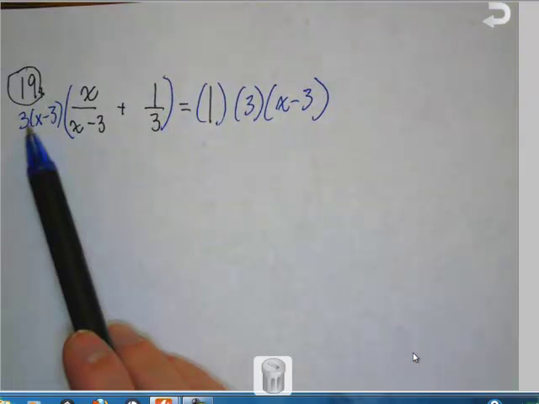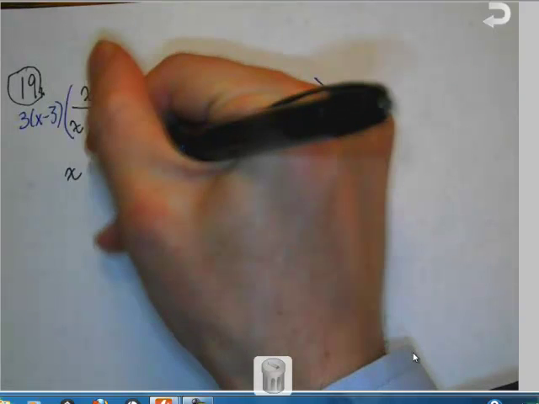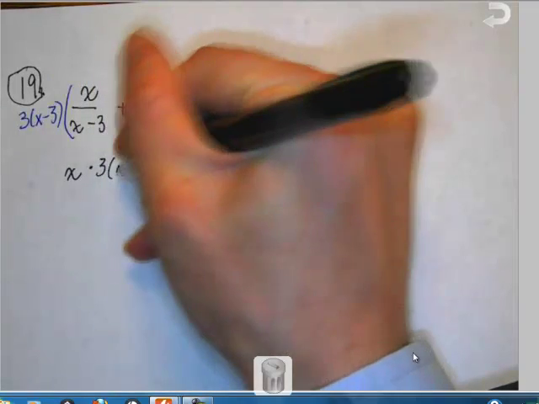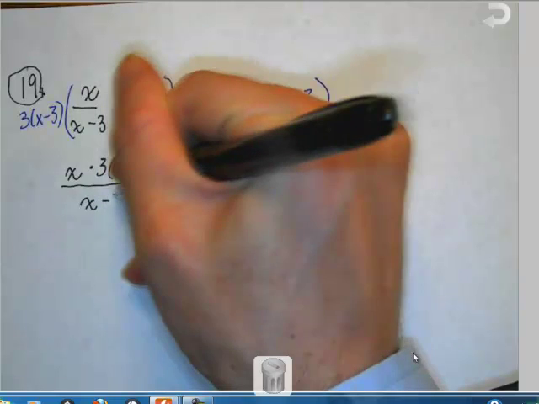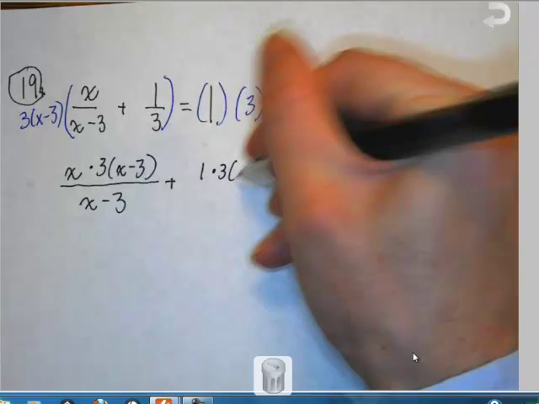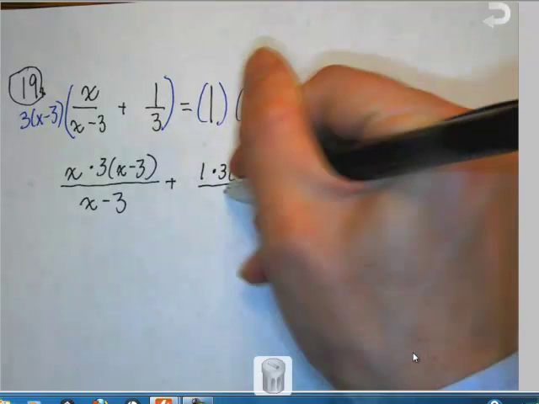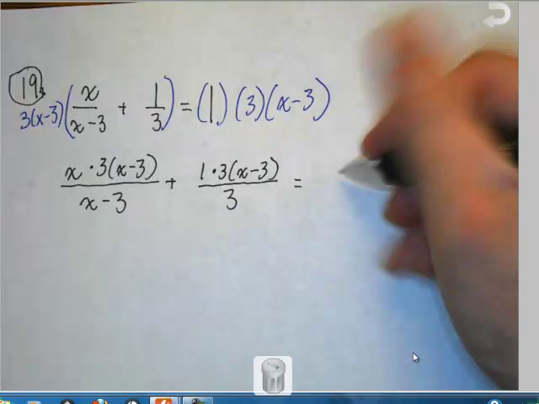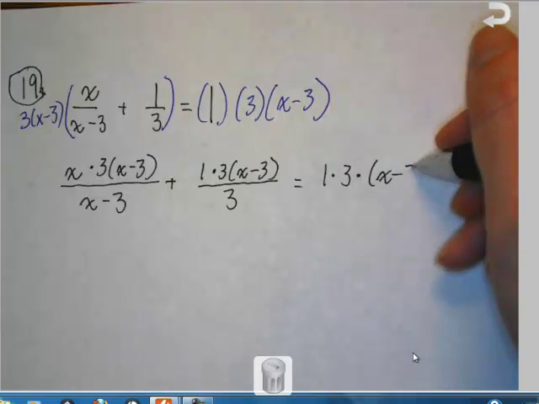Now, what happens is we have x times 3 times x minus 3 over x minus 3, plus 1 times 3 times x minus 3 over 3, is equal to 1 times 3 times x minus 3.